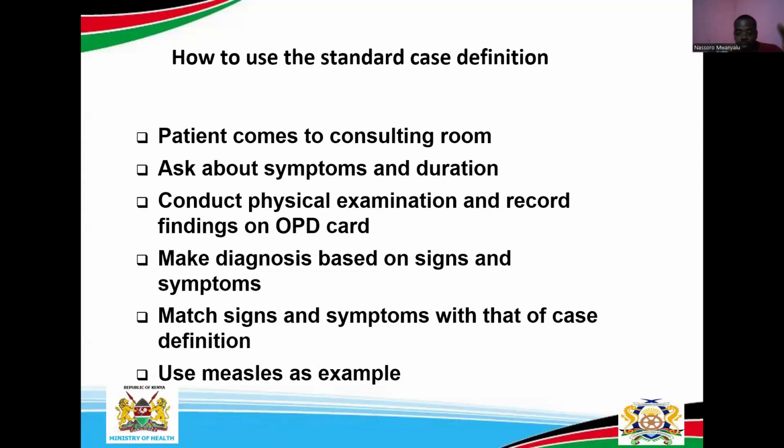Assuming we take an example of AFP, you have seen a child in your consultation room, and the mother tells you that my child has body weakness. As a healthcare worker, you need to ask about the signs and symptoms and duration.